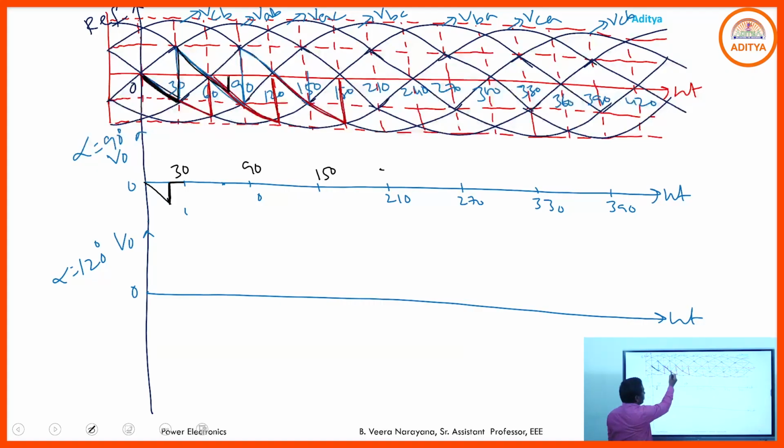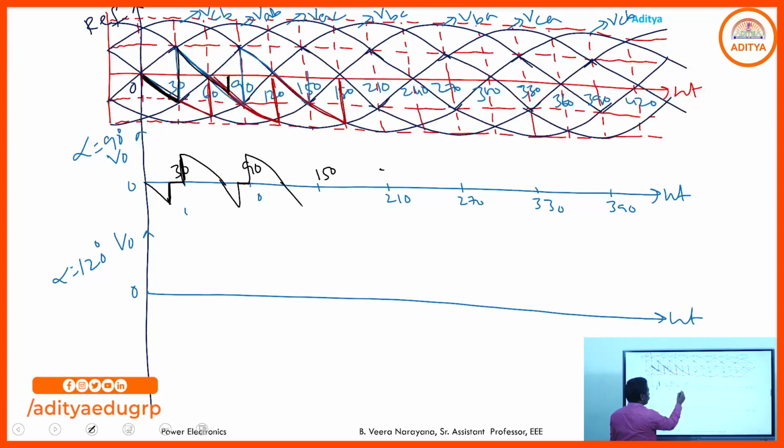What is the next incoming SCRs? At 90 degrees. Before 90 degrees, the SCRs go to the off state, and so the negative output voltage becomes 0. So 30 to 60, we have the positive portion. After that 15 degrees and it is 0. Similarly 90 to 120, 120 to 135 negative pulse, 135 to 150 0.